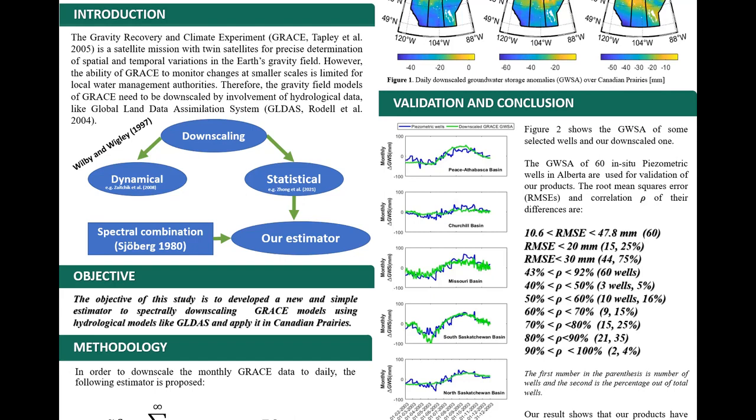So the idea of spectral combination that Sjöberg presented was to combine the same frequency contents together, not all frequencies of one dataset to low frequency data. So just those frequencies of, for example, the terrestrial data up to degree n, or the specific degree of the gravity model.